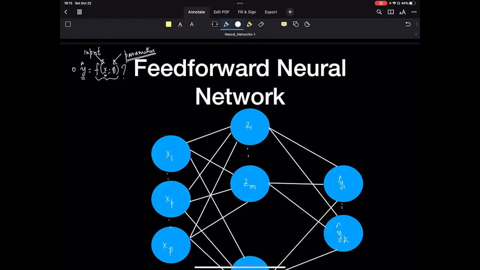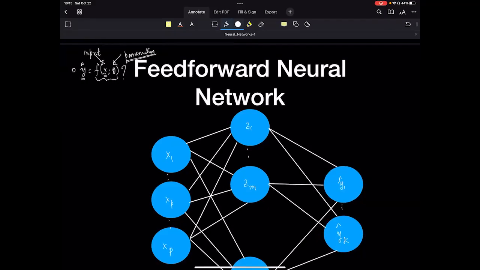In order to compute the error between the model output and the ground truth, I need to know the exact input-output relation. That's the reason why we want to do this. And once we know the error, it will help me update the model parameters so that the error decreases. Exactly.